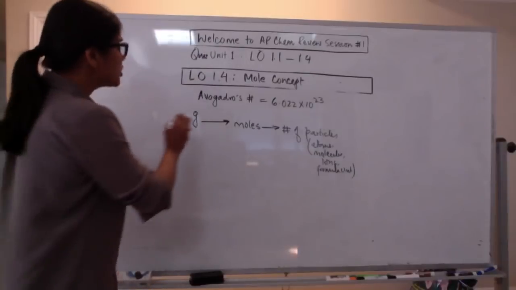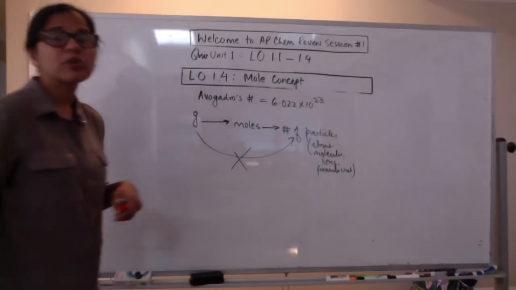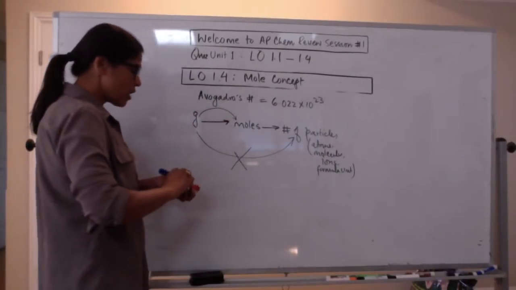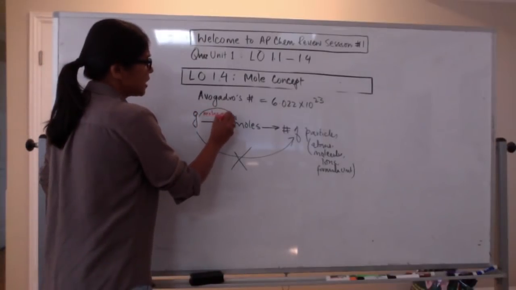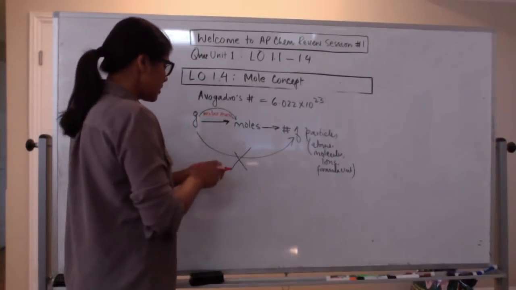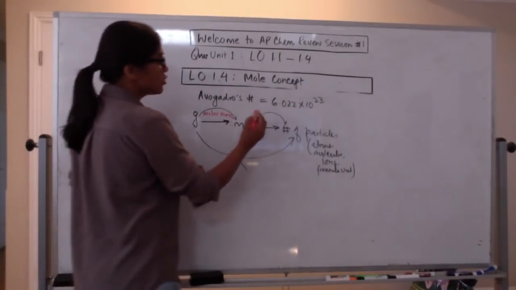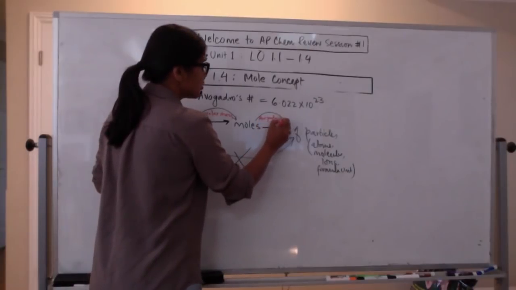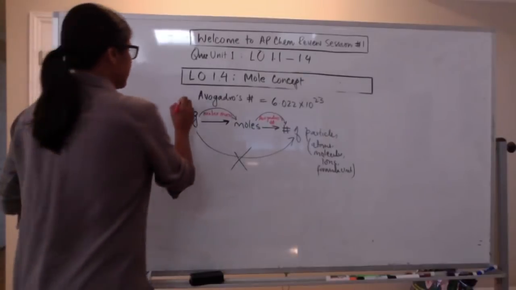There is no direct pathway of converting grams to number of particles. You cannot. You must first convert grams to moles using what? Molar mass, you know this. And then using moles and Avogadro's number, you convert it to number of particles. So that is one part of the mole concept.